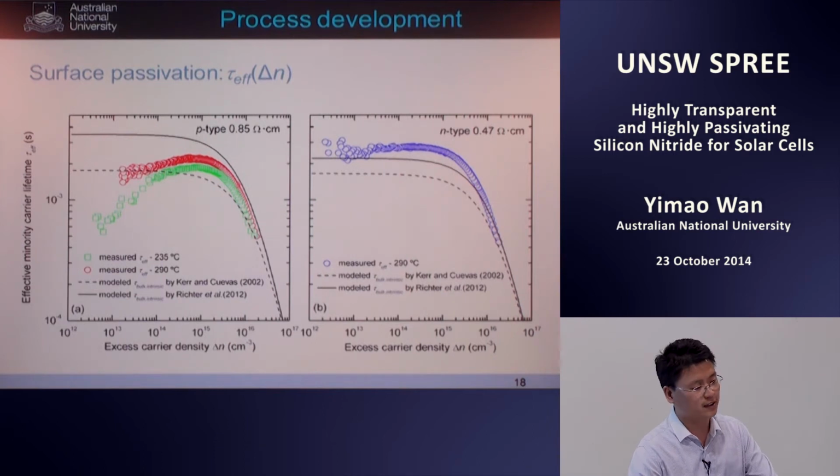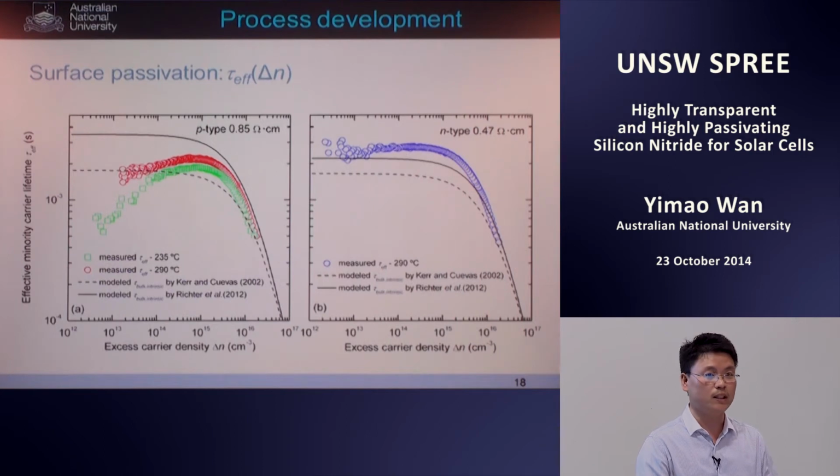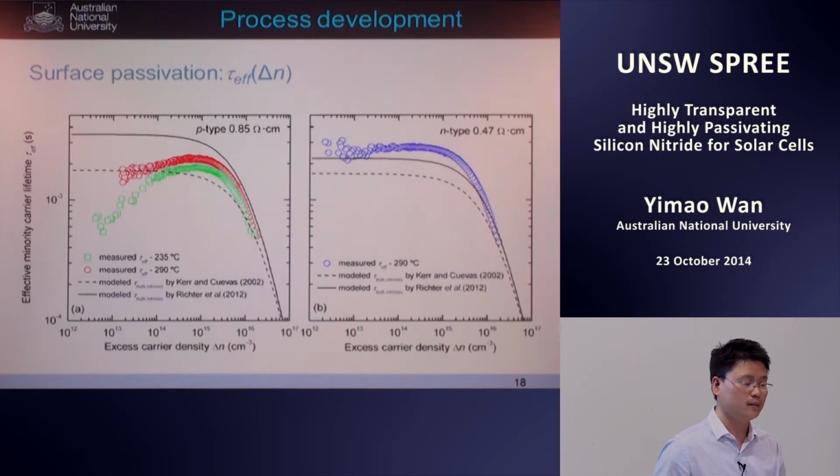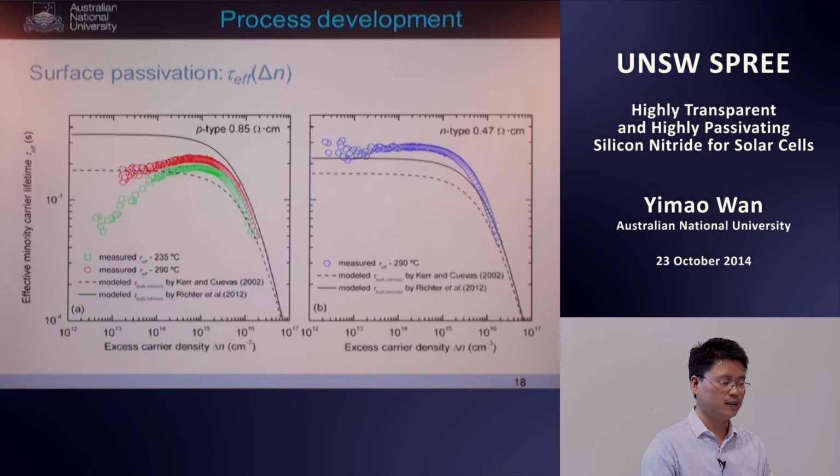Others are hydrogen damage during the plasma deposition, or a recently proposed theory by Bürst of shunting at the edge of the inversion layer. These are very good theories, but none of them has very direct experimental evidence. So it still needs some work to understand the injection dependence for the p-type surface passivated by silicon nitride.